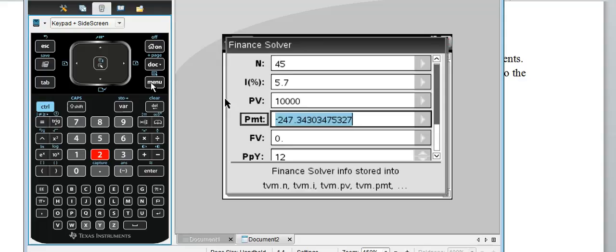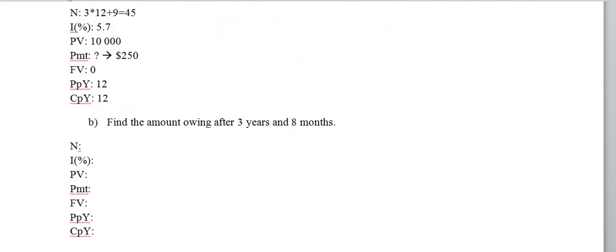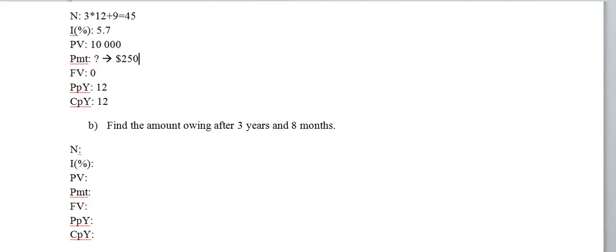It should be $247.34, but the question clearly specifies it needs to be rounded up to the nearest $10. So with rounding, we'll round that to $250. So our payment becomes $250.